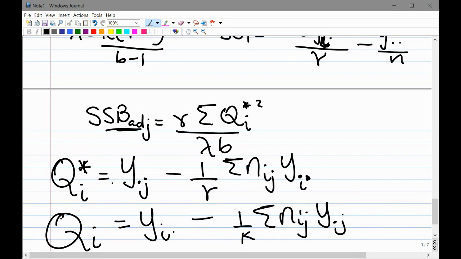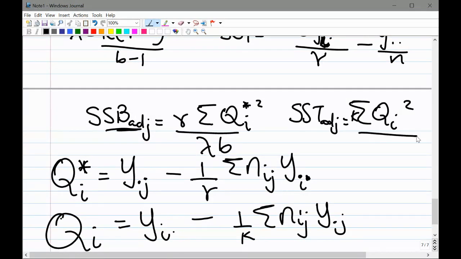But if you check the first one, I'm just putting a star to avoid confusion. Some guys will be confused and say these formulas are the same. They're not the same. Because if we write SST adjusted, we'll say summation of Qi squared, here there's k, divided by lambda t. So this Q goes with this formula, and this Q goes with these two formulas. Do you notice the difference between the two formulas?